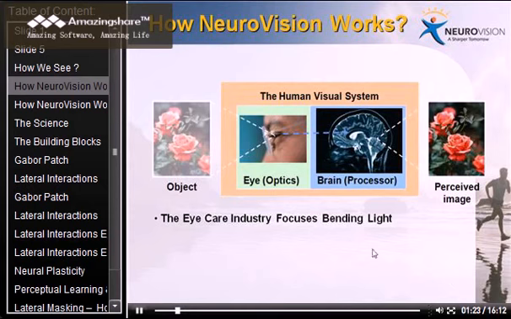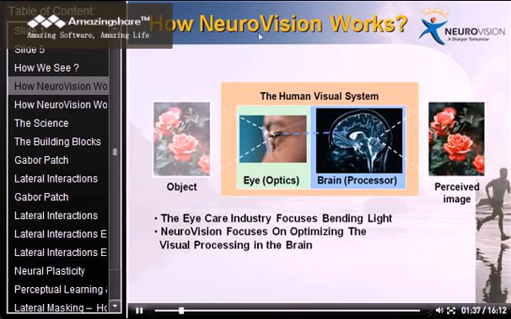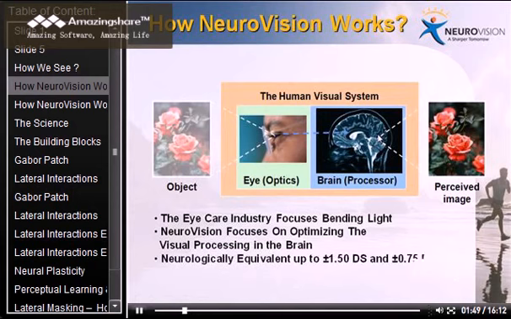The eye industry would traditionally focus on the front end of the system, on the eye, and on bending the light and making sure that the light falls properly on the retina, while NeuroVision actually doesn't treat the eye, but looks into the back end of the system, at the brain, at the processor, and it's optimizing the visual processing that happens in the brain.